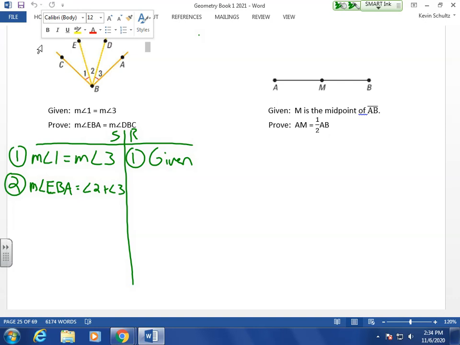And what postulate, definition, or theorem allows us to say that the parts of an angle add up to be the whole? The angle addition postulate, or the AAP. Okay, I'll write that out. Angle addition postulate.